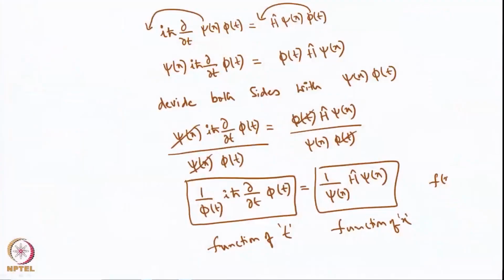For example, if I equate f of x with g of y, this will only be possible if both the functions are equal to a constant, and that constant I will call w.